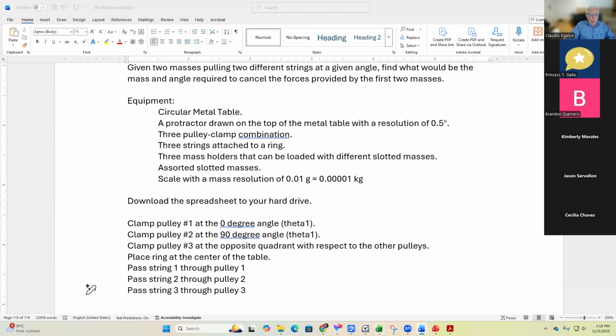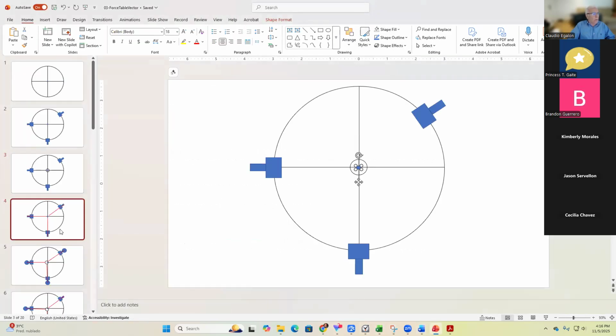And that's what we have right in here. Let's say that's 1, 2, and 3. Pulley, clamp, string: 1, 2, and 3.